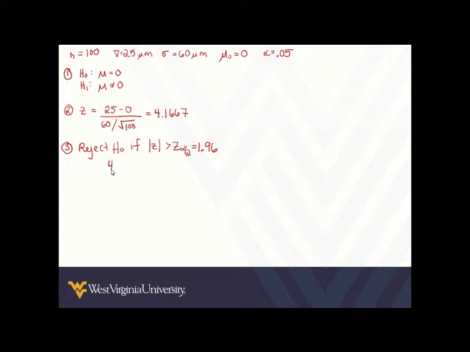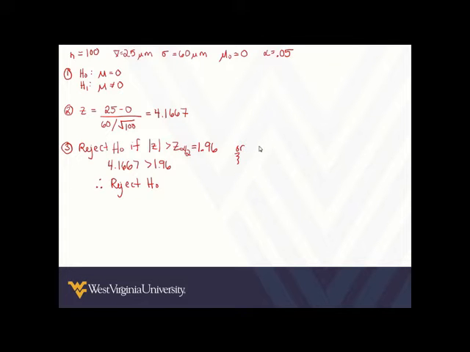And so we can see that 4.1667 is clearly greater than 1.96, so therefore we can easily reject our null hypothesis. We do have the option of doing the p-value method. I will do that in this example, just as a nice review.